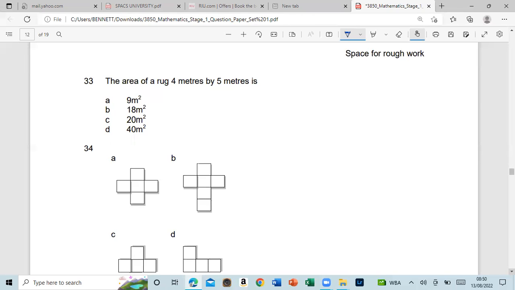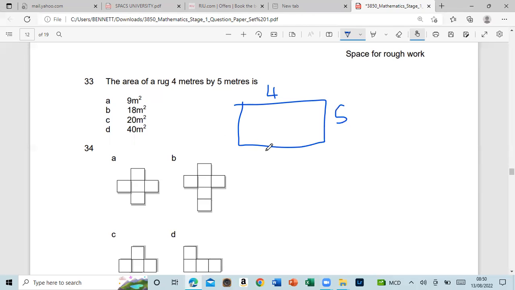What will be the area of the rug? 20. It's a rectangle, 4 by 5, right? So you see how many ways you can ask about area? 4 by 5 is 20.